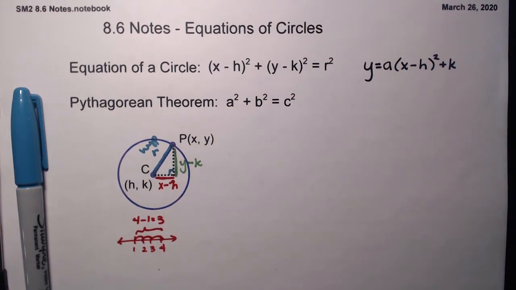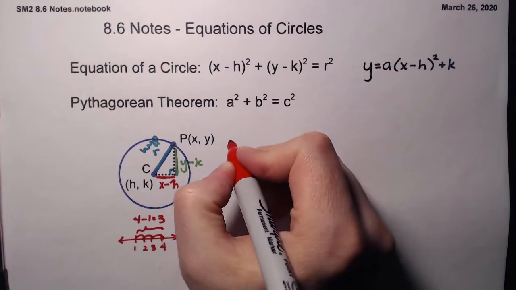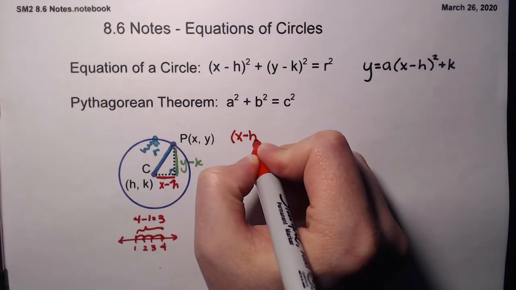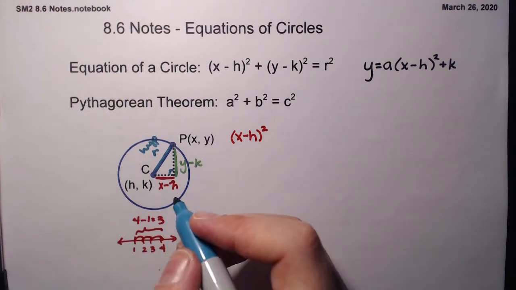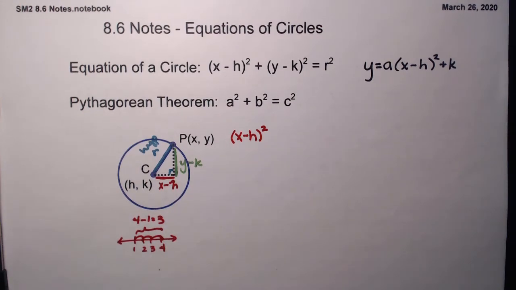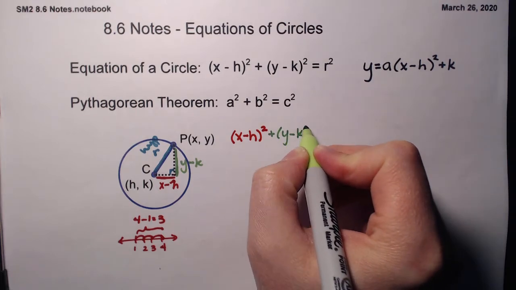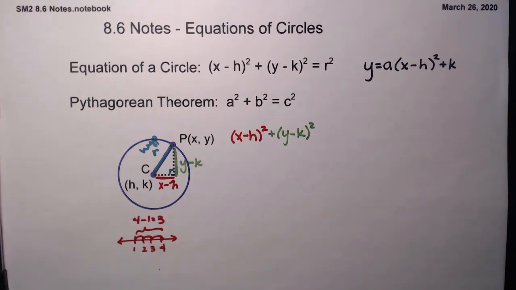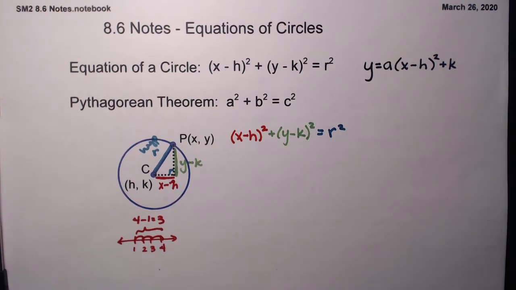So then I'm just going to set up the Pythagorean theorem, which states side squared plus side squared equals the hypotenuse squared. And there you have the equation of a circle.